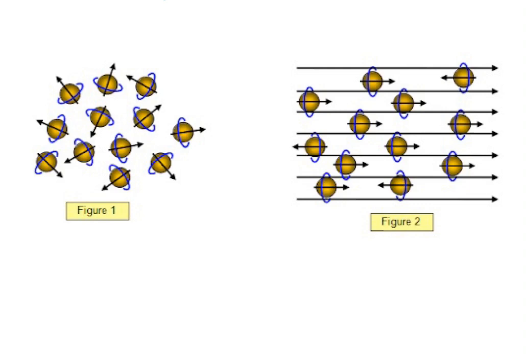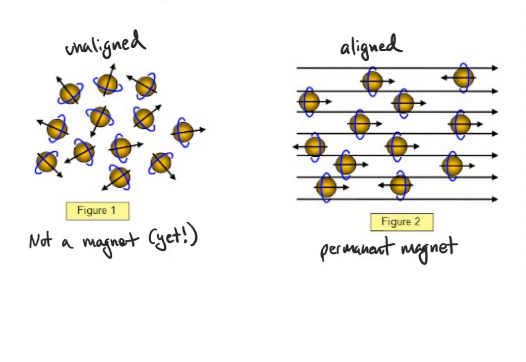And if you take a whole bunch of these little atoms, each of which is like a little tiny loop of current, and you align them together, their magnetic fields add together. And that's where a permanent magnet comes from. That's what a bar magnet is. It's a material in which there are countless individual atoms, each of which has its own little loop of current. And if you align it so that those loops are all facing the same direction, then you get a bar magnet.